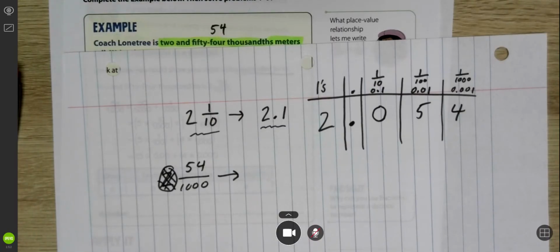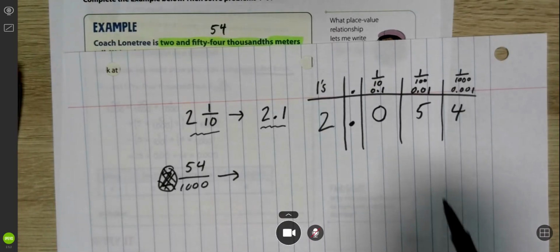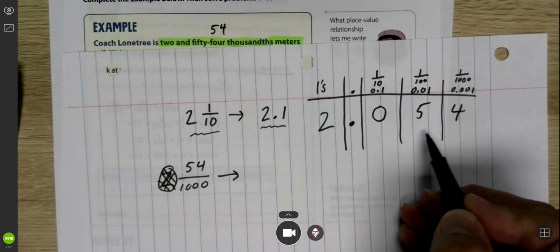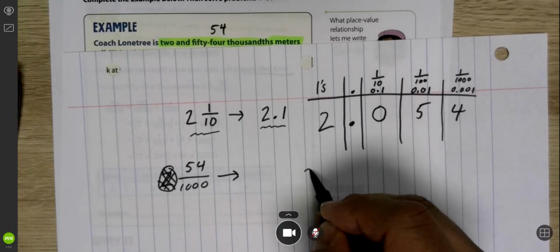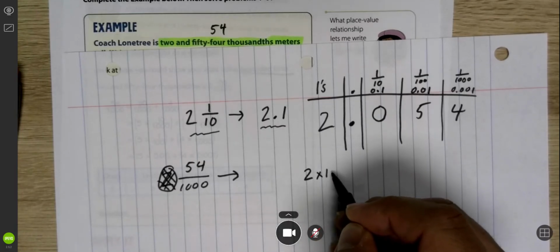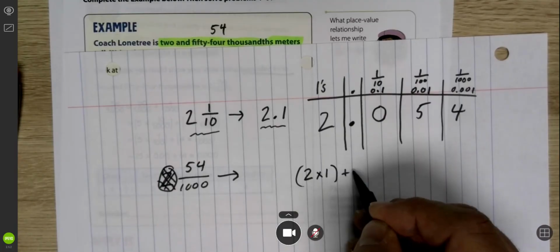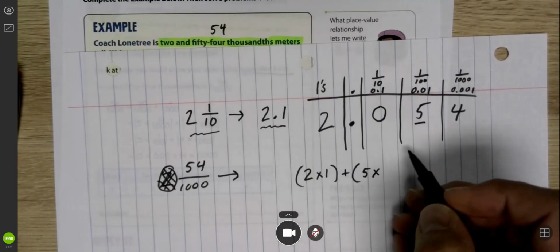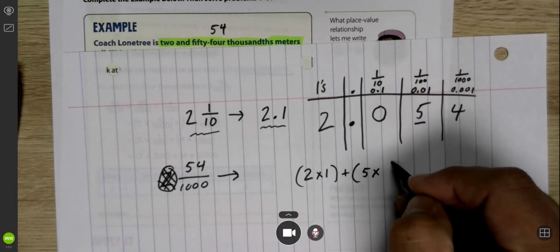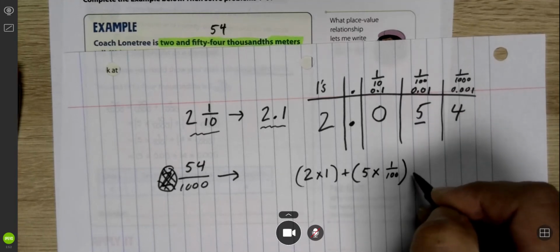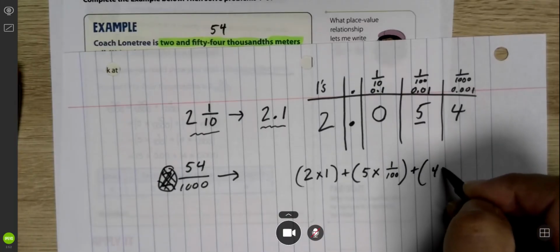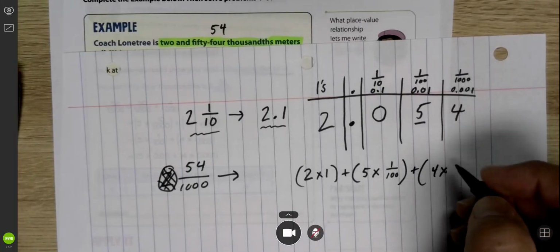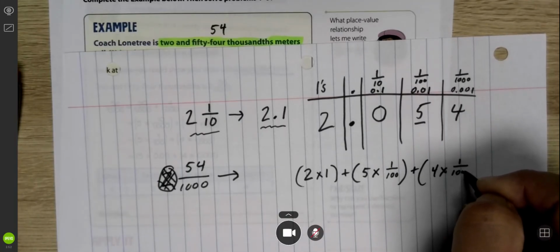Now, let's look at this expanded form as we have it right here, okay? This is 2 of the ones and 5 of the hundredths and 4 of the thousandths place value. Okay?